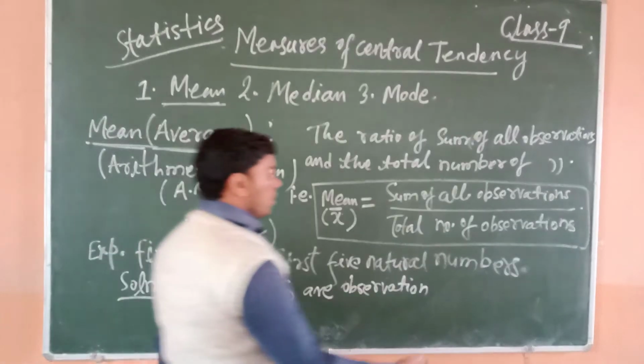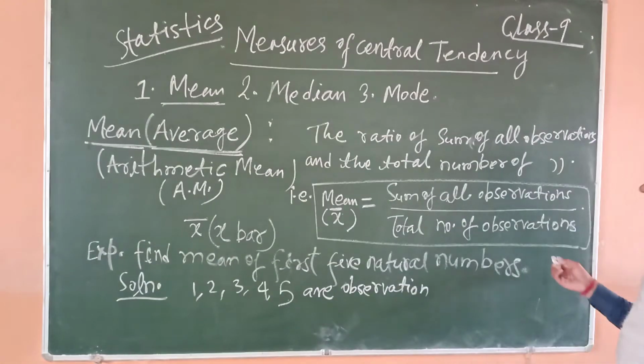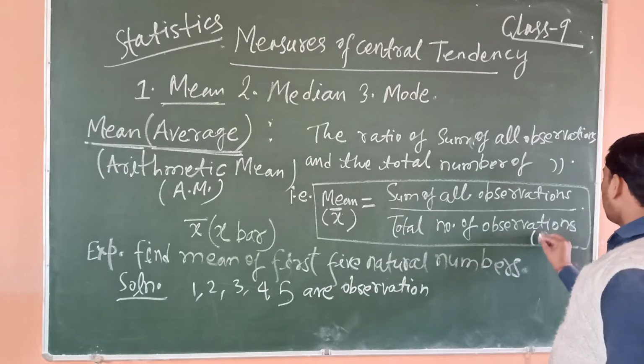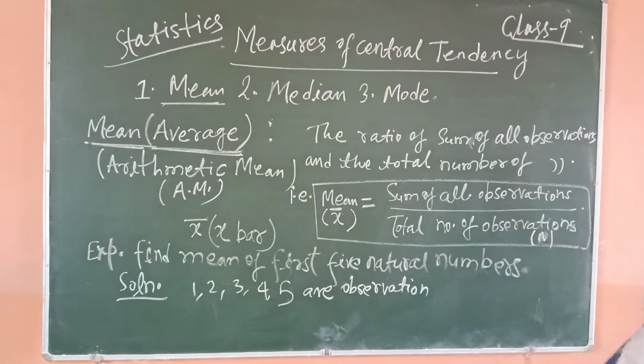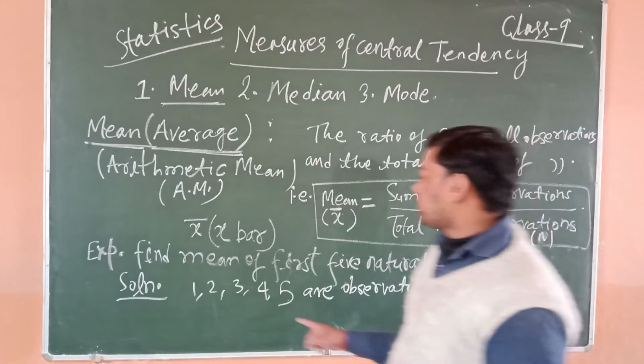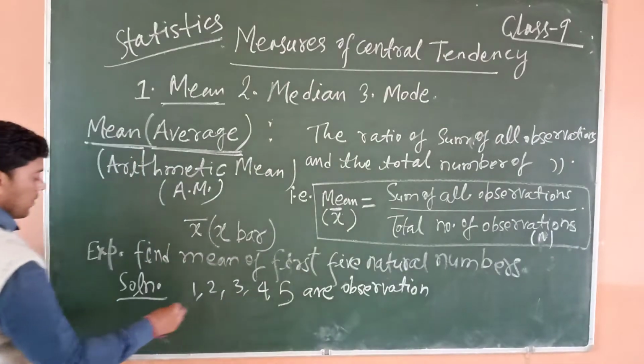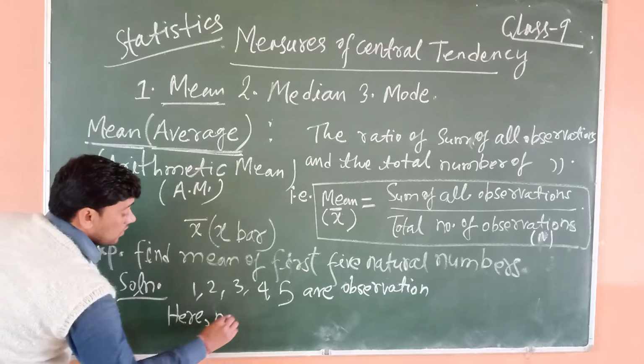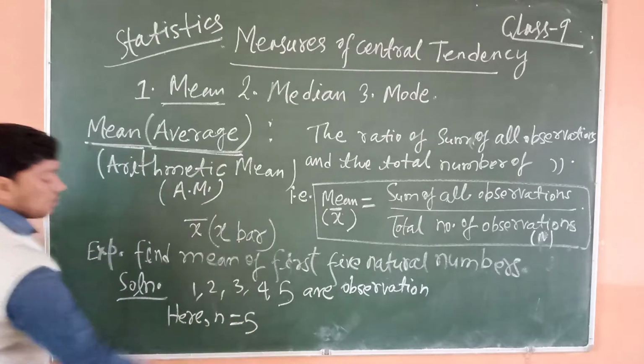The number of observations is denoted by a small n. Here n is equal to 5.